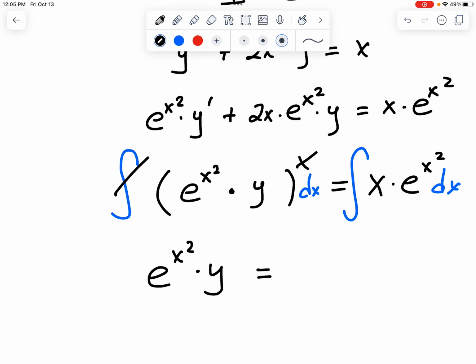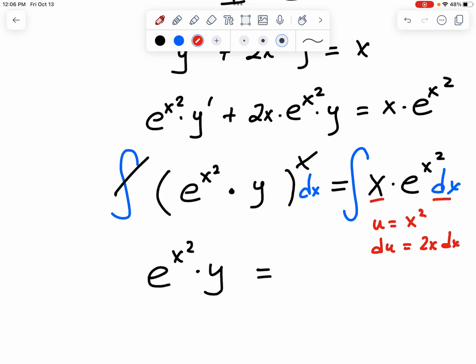And then on the right side, we should probably use u substitution. And so I'm going to say, if you let u equal the exponent, the derivative of that is going to be a 2x dx.